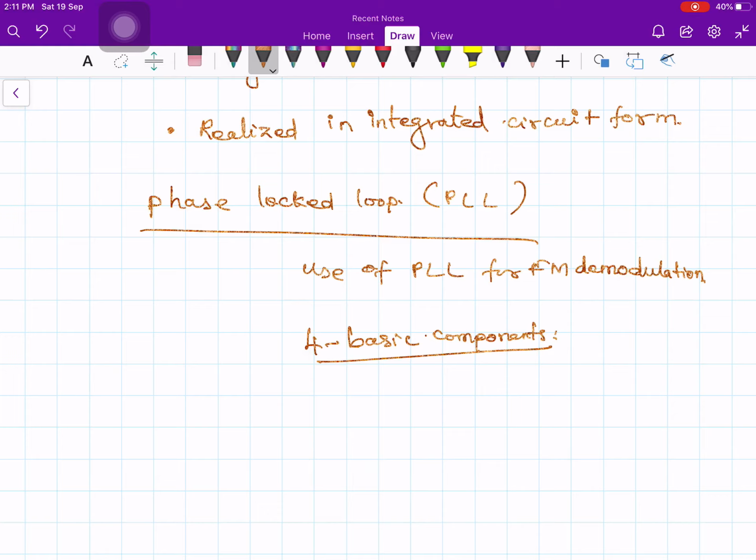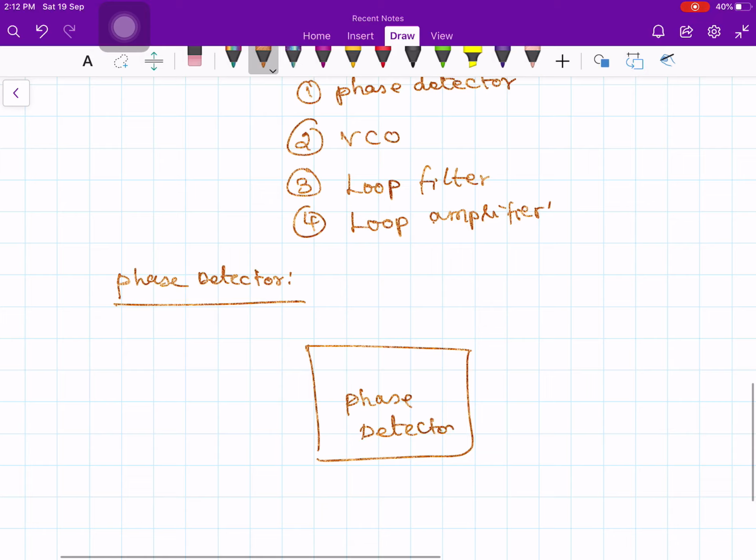Now let us take the phase detector and try to understand its working principle. Let me put a block diagram like this. You have an input signal and there is another input signal, so it has 2 inputs and 1 output.